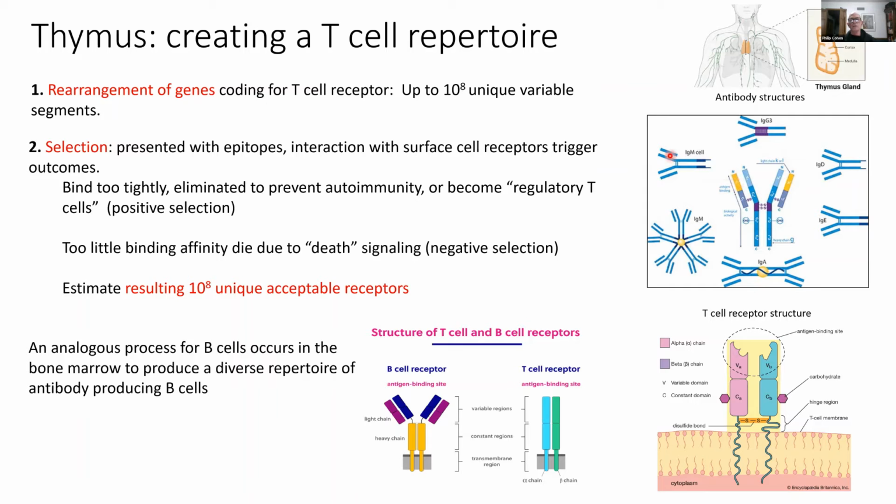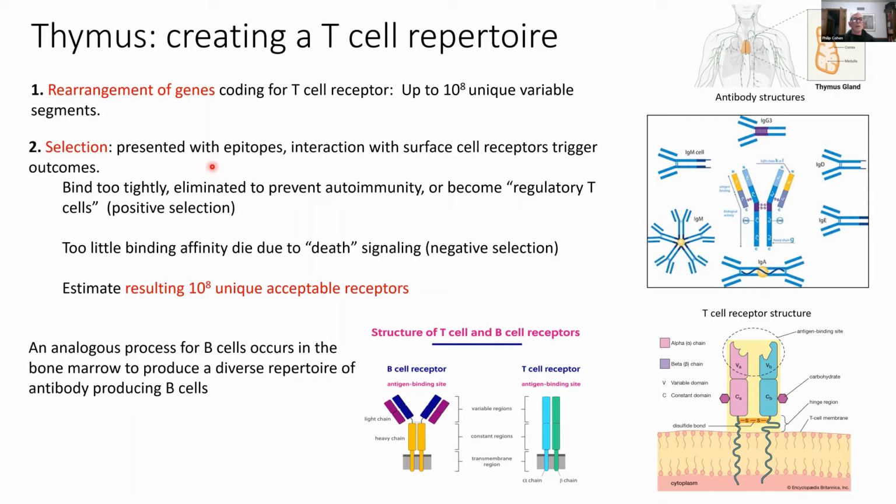And on these structures, it's like these parts and these parts and these parts, and then there's a constant region. And the constant region, among other things, binds a molecule called complement, which I'll talk about later.